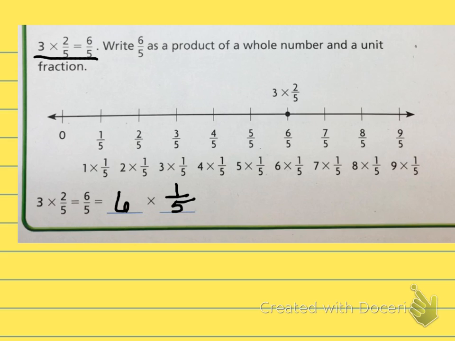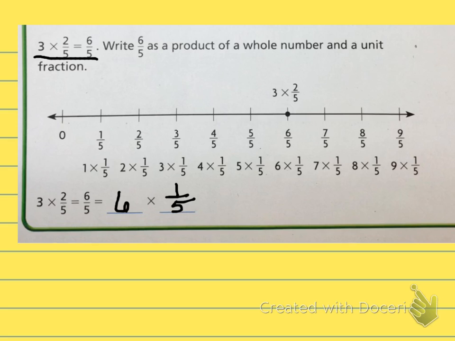So I've gone from a whole number times a non-unit fraction, to an improper fraction, to a whole number times a unit fraction. I hope I haven't lost you here.